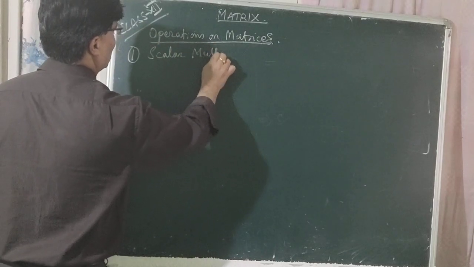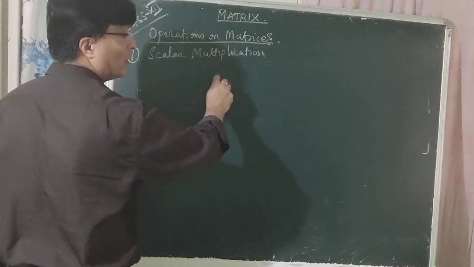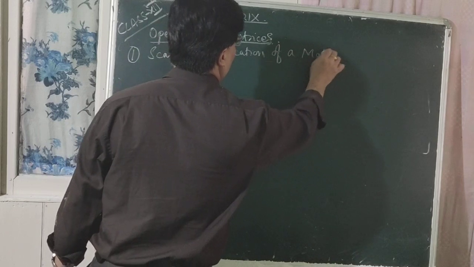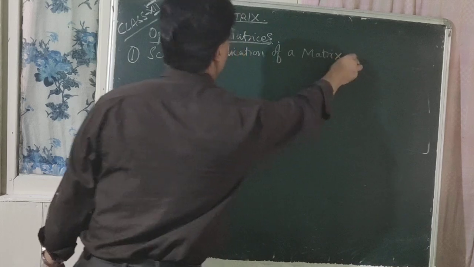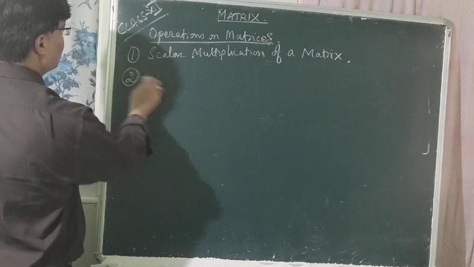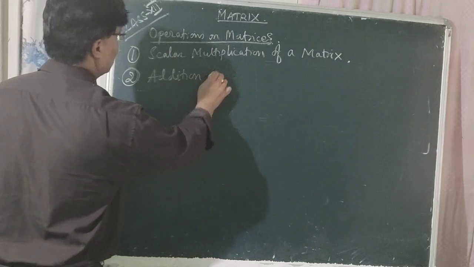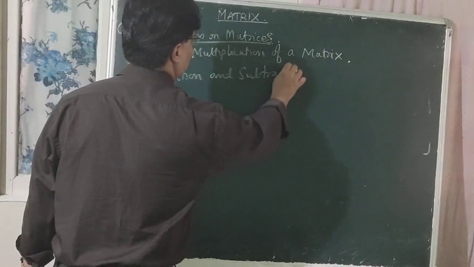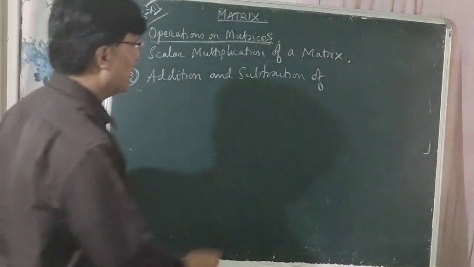Number two, addition and subtraction of two matrices.